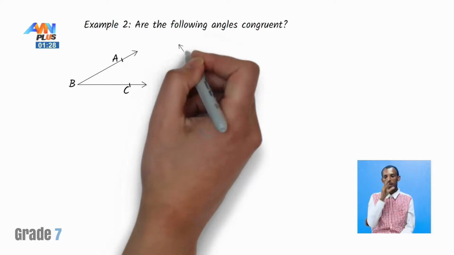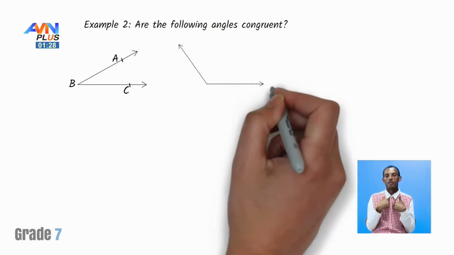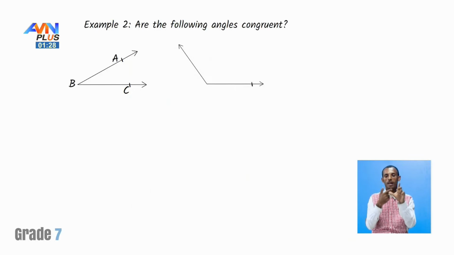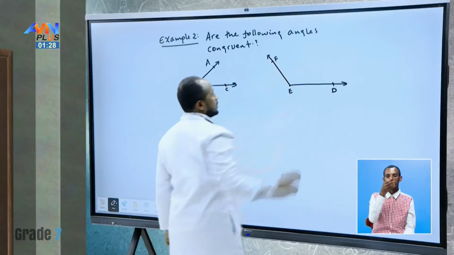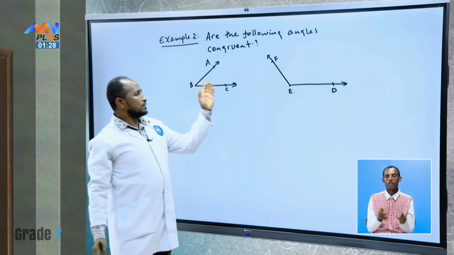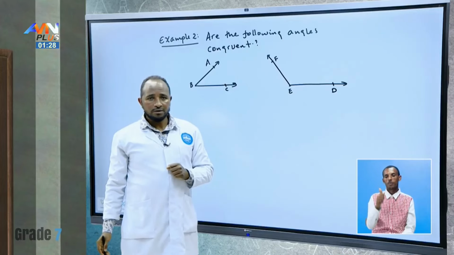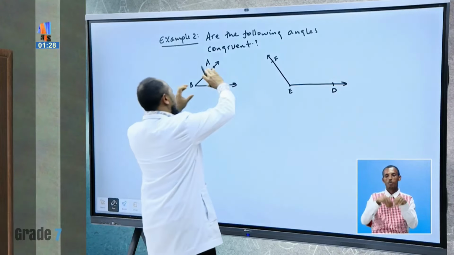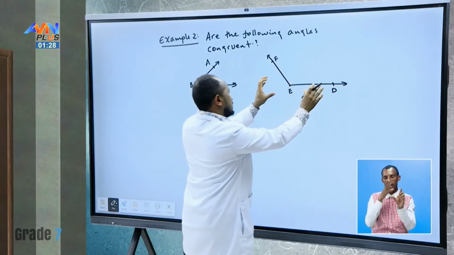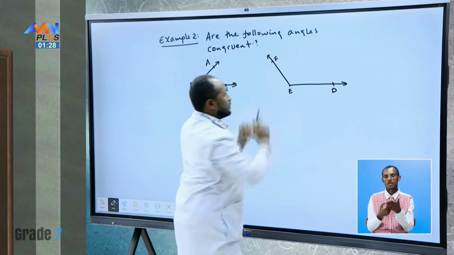And here you have another angle DEF. Are these two angles congruent? That means if you move this angle and put it on this one, does it fit on this angle?